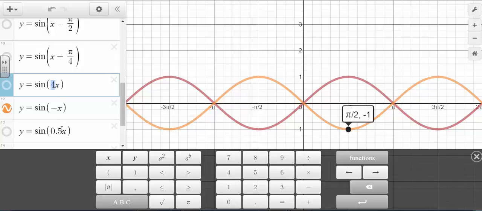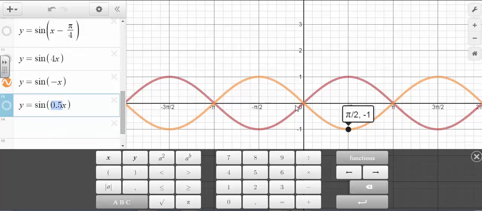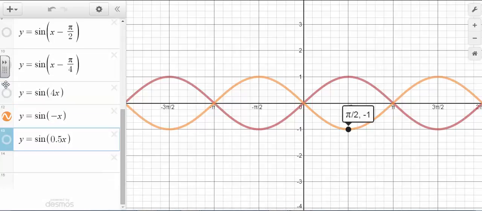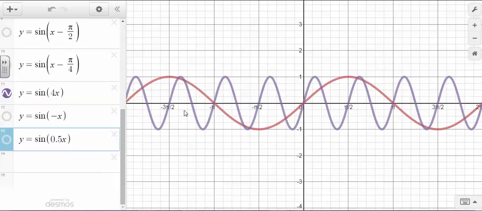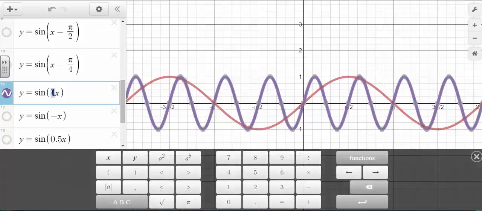Specifically, this number is the number of cycles in 2 pi, and we'll use that to determine things like the period. The period, as you've seen before, is the actual distance that one cycle covers. So when we talk about this graph, for example, 4 is the number of full cycles in 2 pi. The period of one cycle, the amount of distance it takes to complete one cycle, is pi over 2, which is 2 pi divided by 4.